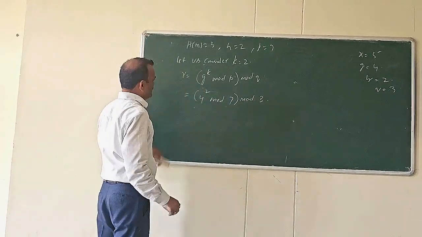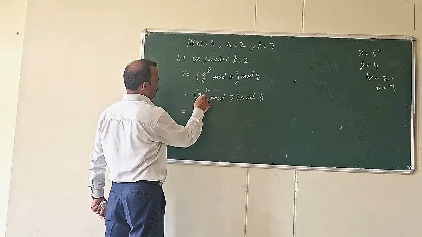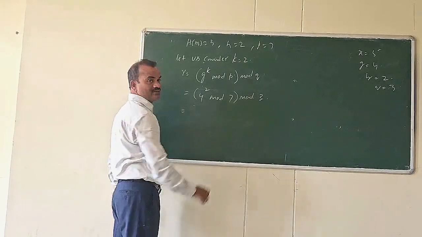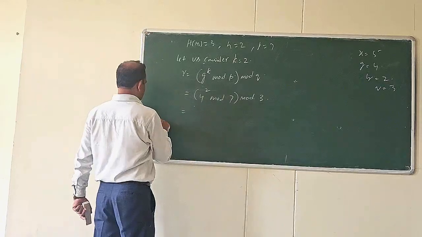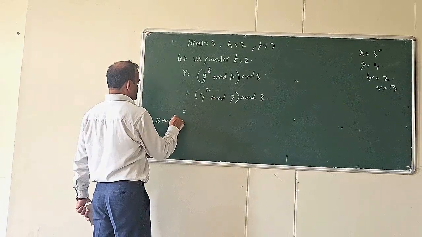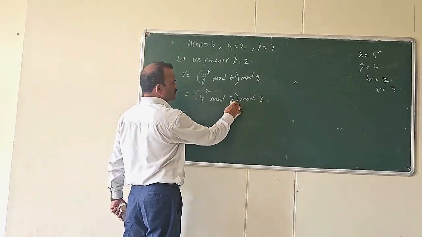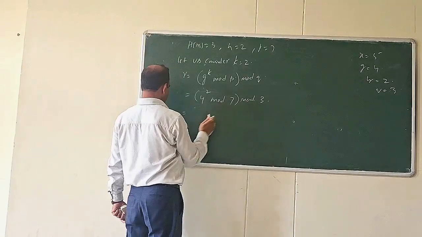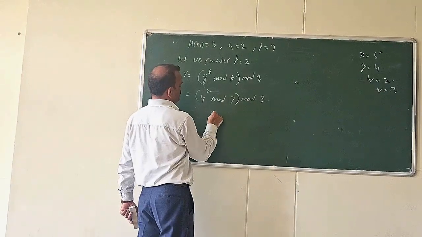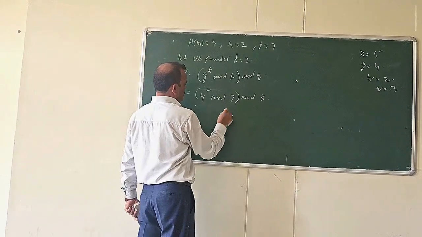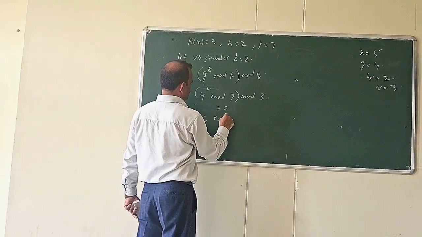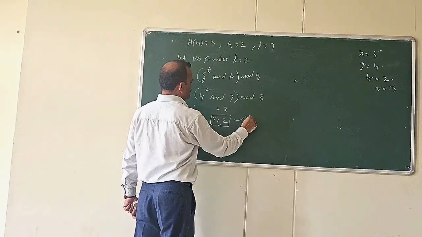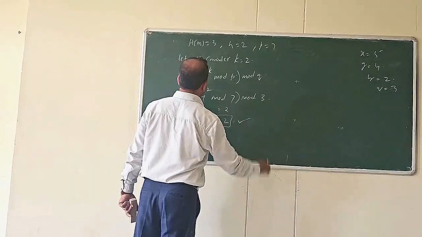So 4 power 2 is 16, 16 mod 7 is 2, and 2 mod 3 is 2. So this value is 2. Therefore, r equals 2. This is the value of r.